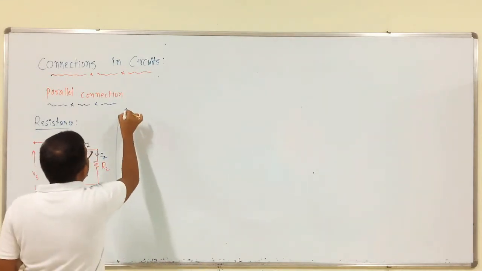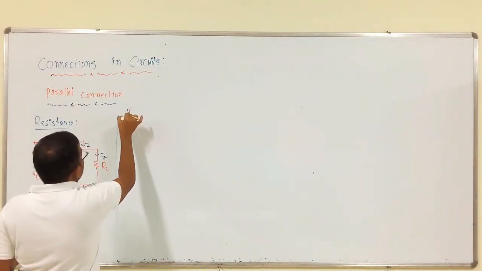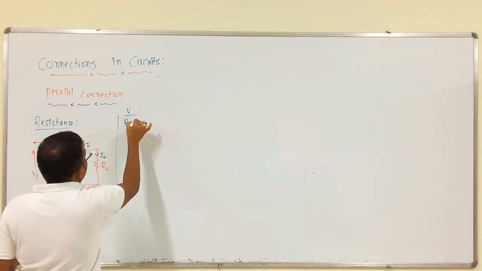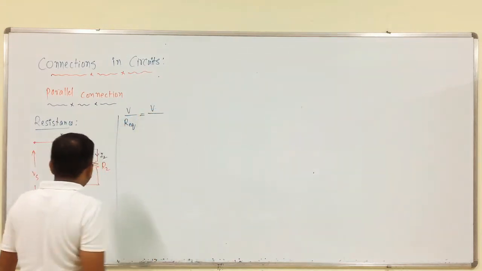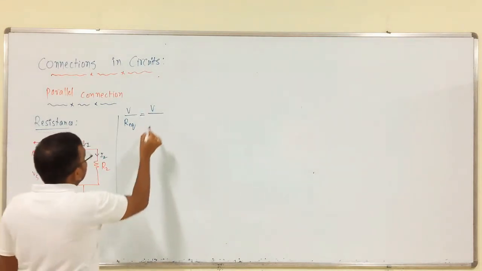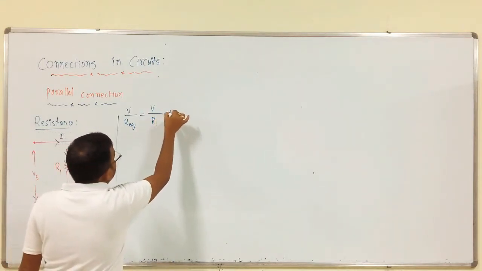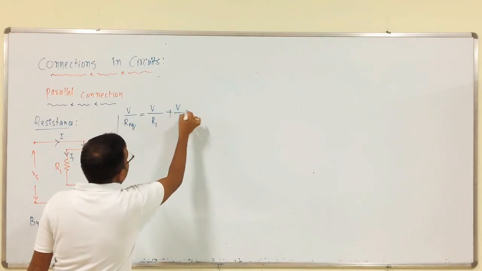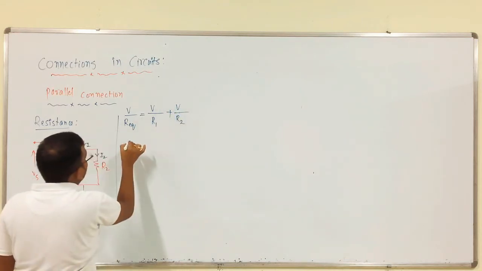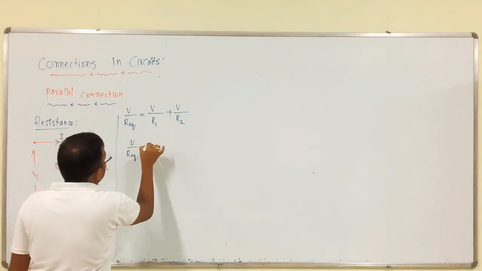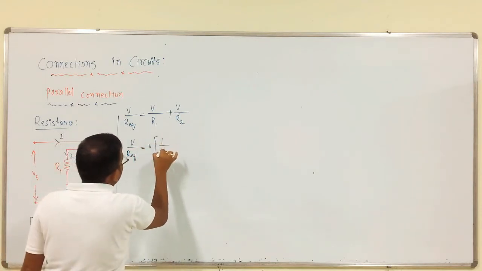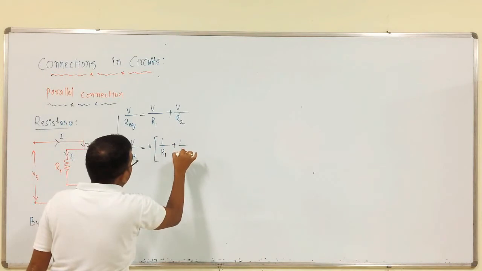But we know that I equals V by R equivalent, which is equal to I1 plus I2. Across any parallel branch the voltage is the same, so I1 is V by R1 plus V by R2. Therefore, V by R equivalent is equal to V common, that is 1 by R1 plus 1 by R2.